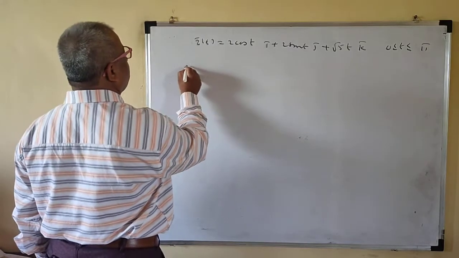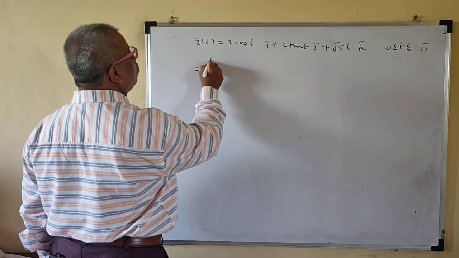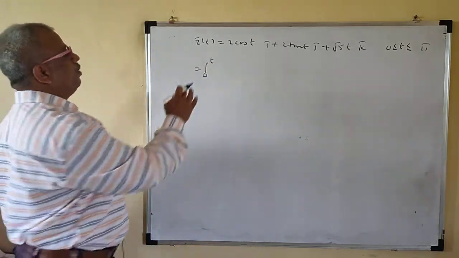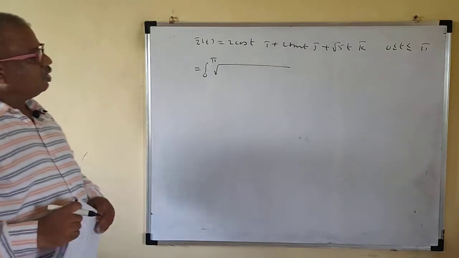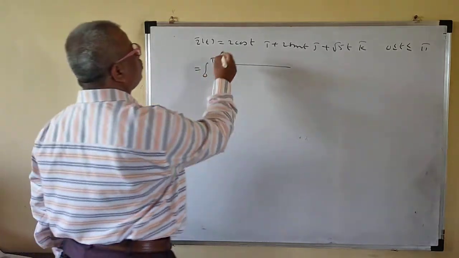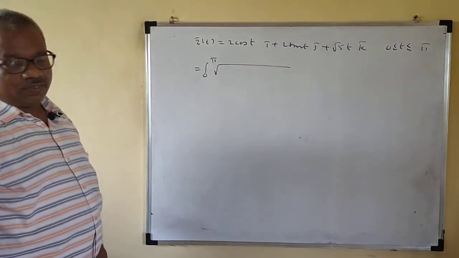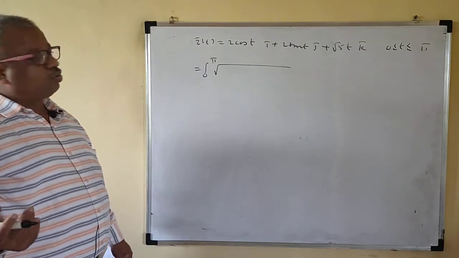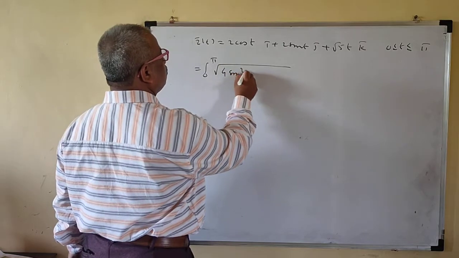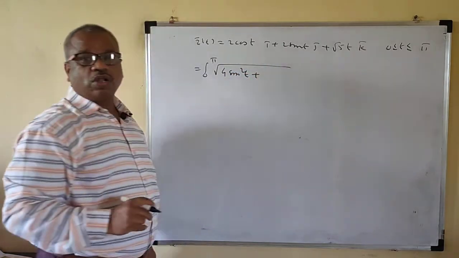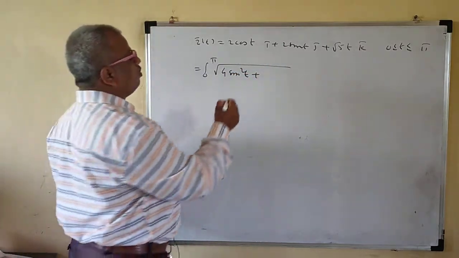Directly you can write the arc length as the integral from 0 to pi of root of, just take the derivative and take the square of that. The derivative is minus 2 sin t, and the square of this is 4 sin square t. Plus the derivative is 2 cos t, take the square of this.